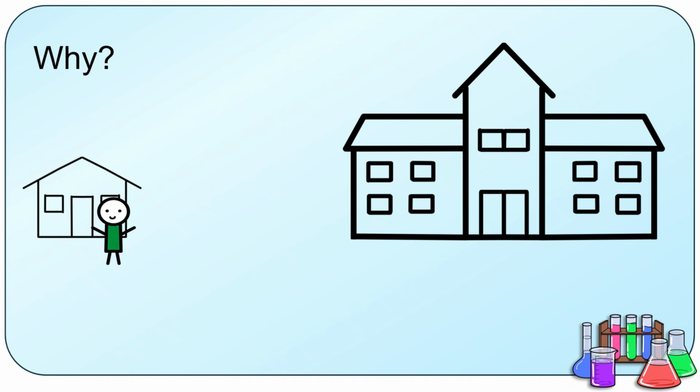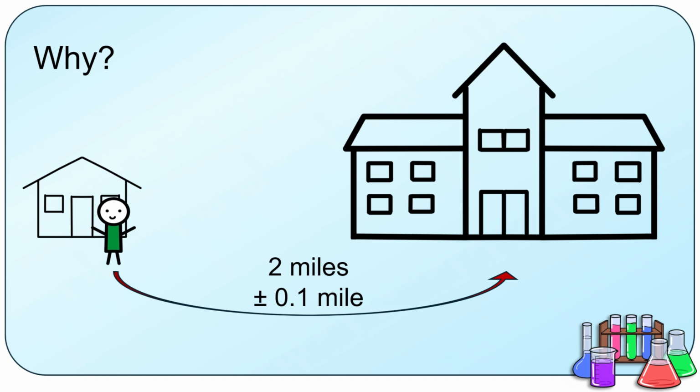Think about the scenario. Imagine that when you go to school, the distance from home to school is 2 miles, plus or minus 0.1 mile. Now, what if you decide that you don't want to start measuring the distance from right outside your front door? You want to start inside the door, which adds about 3 feet of distance, or 0.0006 miles.